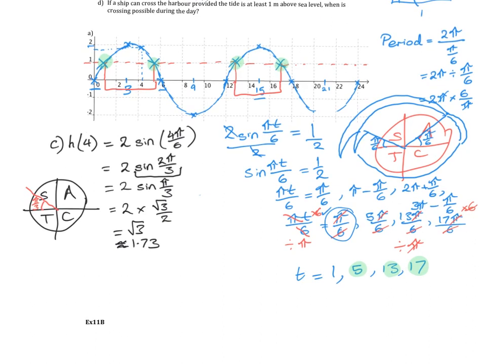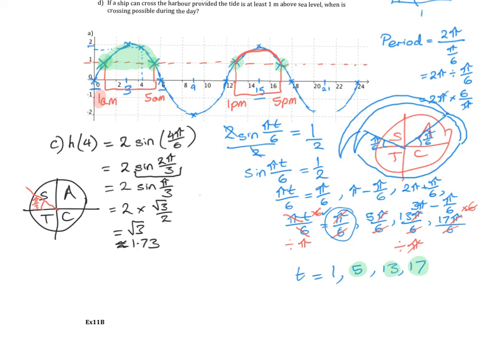Well, it would be between 1 a.m. and 5 a.m. That's what this interval here is telling me, because that here is 1 a.m. and 5 a.m. And then the next one is 1300 or 1 p.m. and 1700 or 5 p.m., which would be this part here.